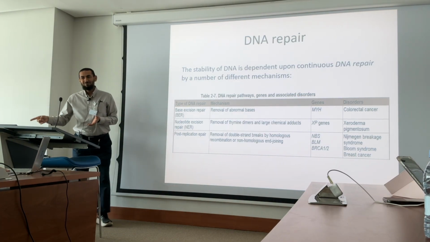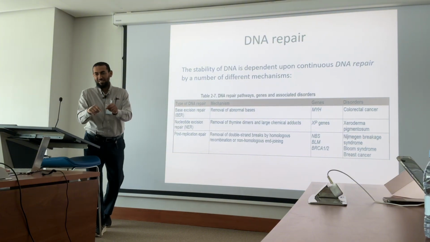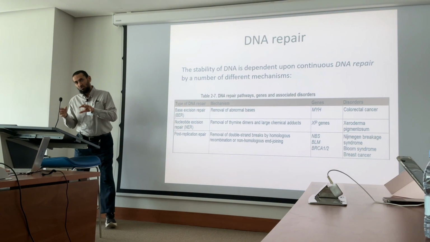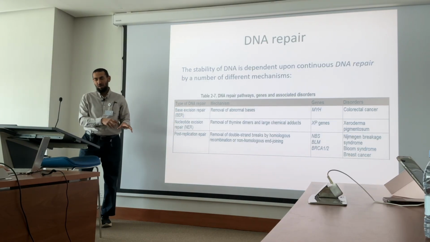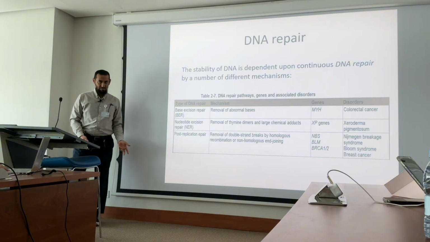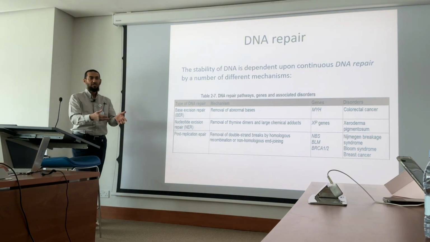But here you understand how cancer can be genetic: some genes controlling the repair mechanism are mutated, not functioning well, so the repair mechanism is not functional. You end up accumulating mutations, which ultimately leads to cancer.